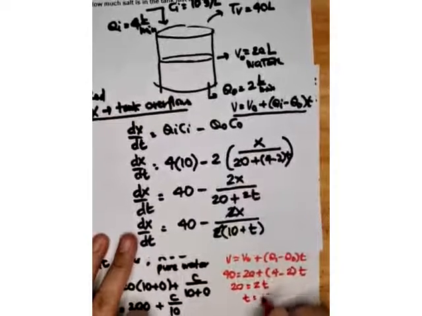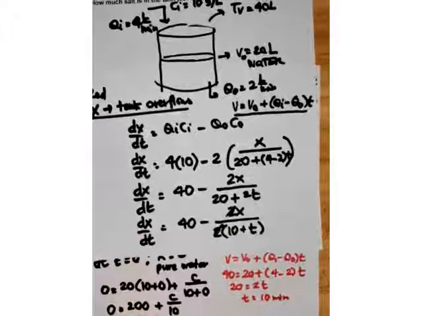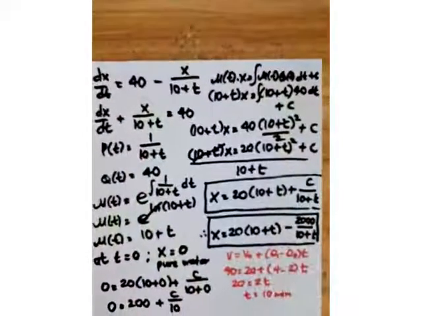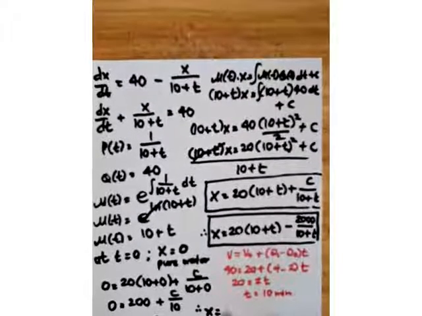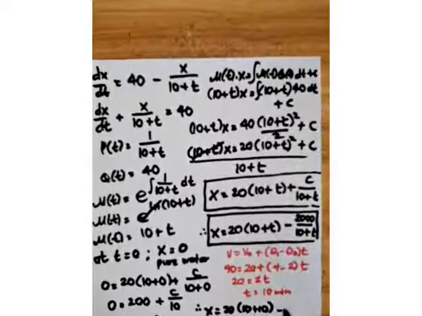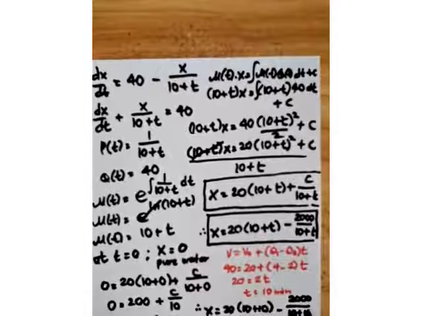So, t is equal to 10 minutes. So, after 10 minutes, mag-overflow na yung tank. So, yun yung i-apply natin sa ating formula. So, therefore, x is equal to 20 times 10 plus 10 minus 2,000 over 10 plus 10.